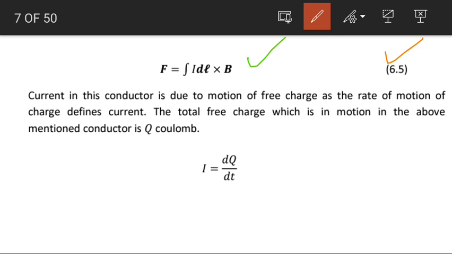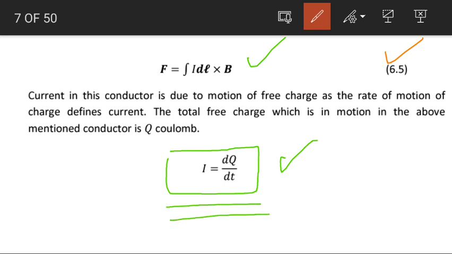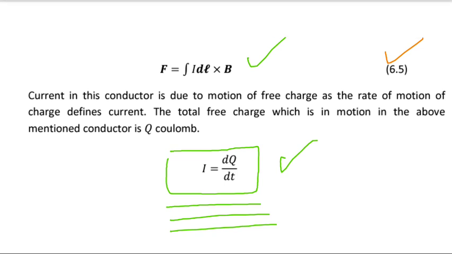We know that the current is the rate of motion of free charge inside this conductor. So mathematically, the current in this conductor will be equal to dq by dt.